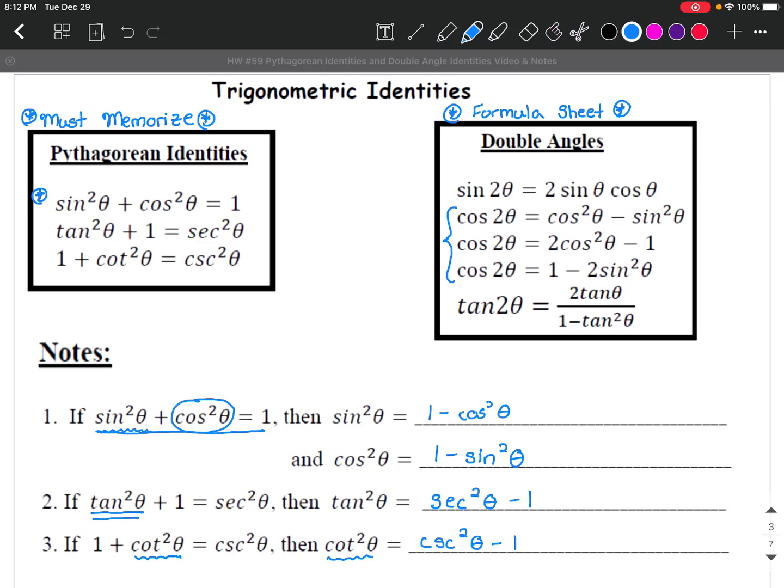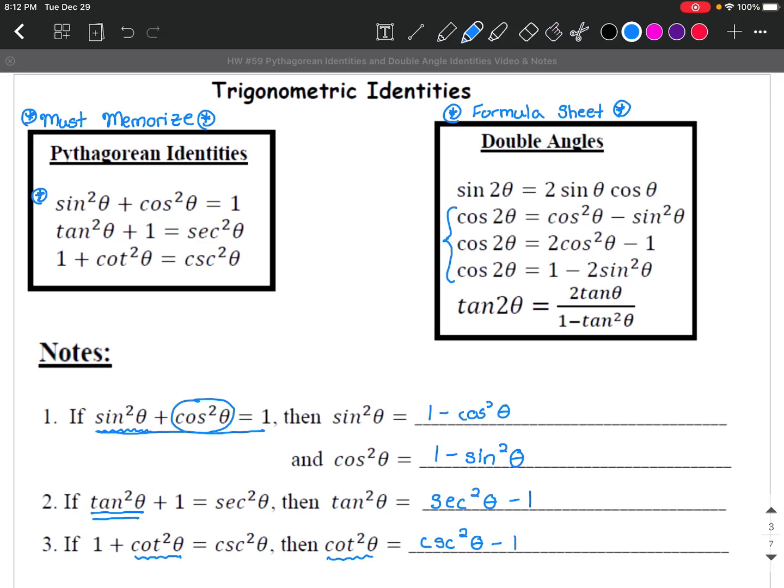A little tricky because sometimes one form is easier to use than the other. Sometimes it doesn't matter. We'll talk more about that as we get into using these identities, when one is better than the other, okay? But it also means that there may be more than one way to simplify something or to follow through on a problem. Also, you have there tan of 2 theta, that's 2 tan theta over 1 minus tan squared theta.